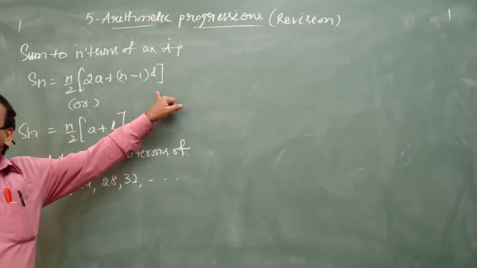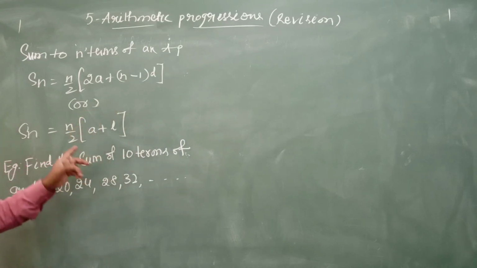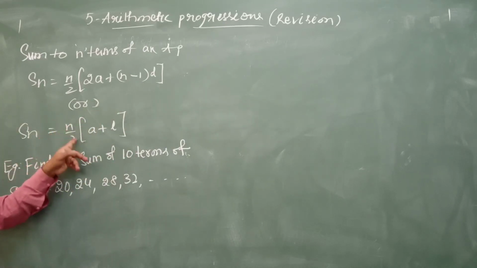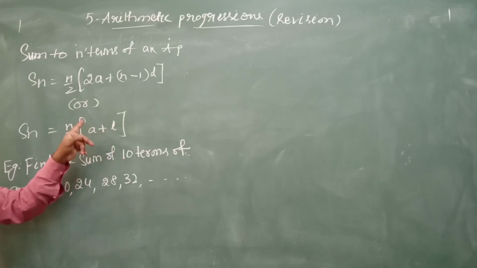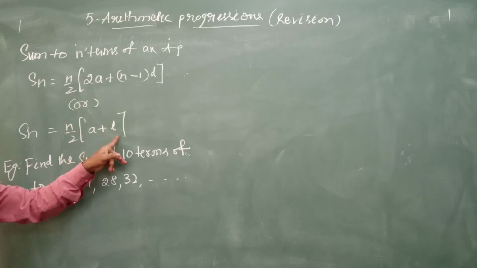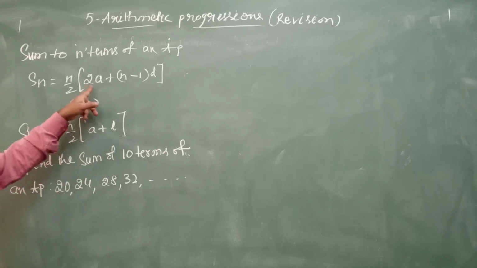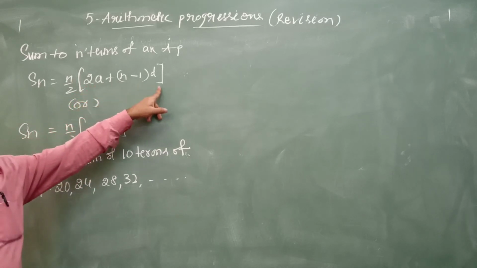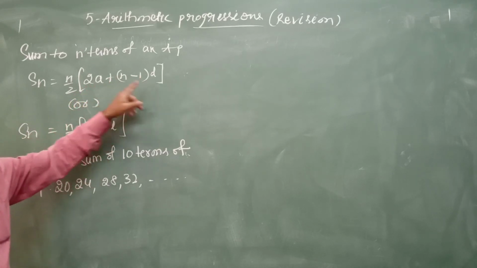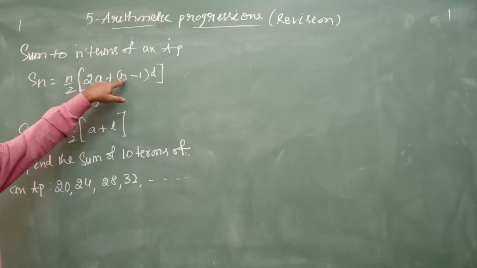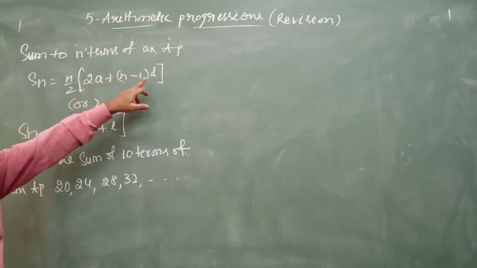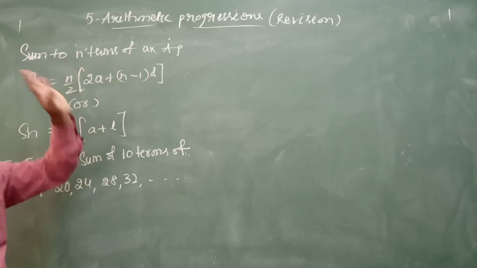Or when you know the number of terms and the first and last term, we can use Sn is equal to n by 2 into a plus l, where a is the first term and l is the last term. In 2a plus n minus 1 into d, a is the first term, n is the number of terms and d is the common difference.